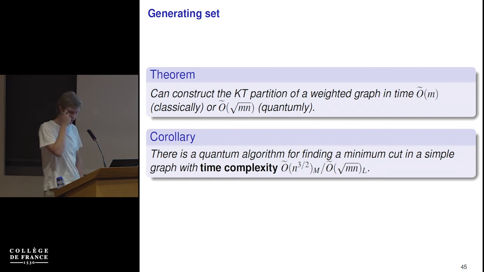Another corollary, which I'll just mention because I see I have a couple of minutes left, is that you can also use this to get a very efficient classical minimum cut algorithm. Basically, what Karger showed some time ago is that you can solve minimum cut in O tilde m, which is near linear.